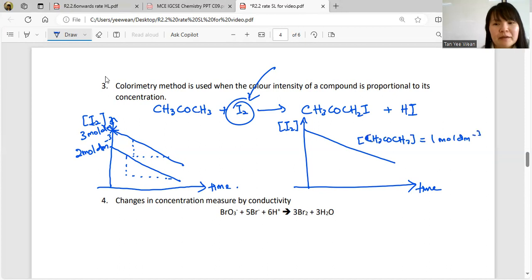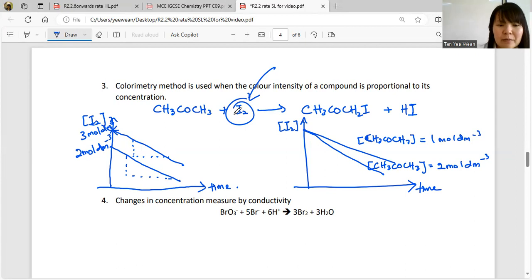So let's say you repeat the experiment using a propanone of 2 mole per dm cube. So you'll see that maybe it becomes more steep. So what does that tell us? It tells us that as I increase the concentration of propanone, my rate of reaction increased. So this is the information that you can get from this type of graph.